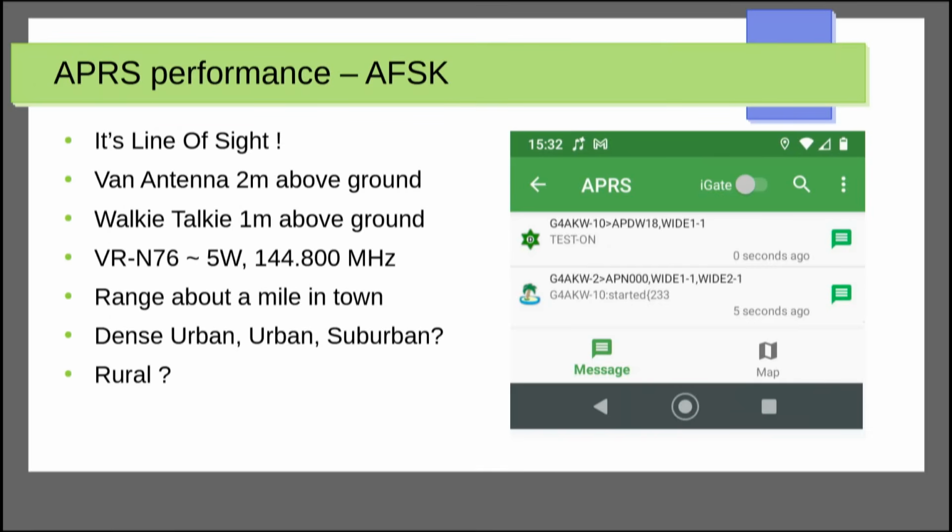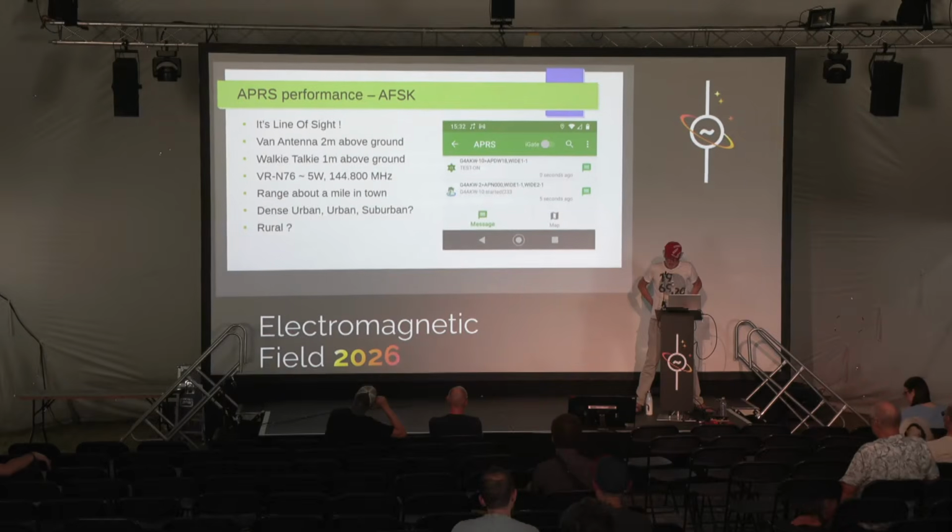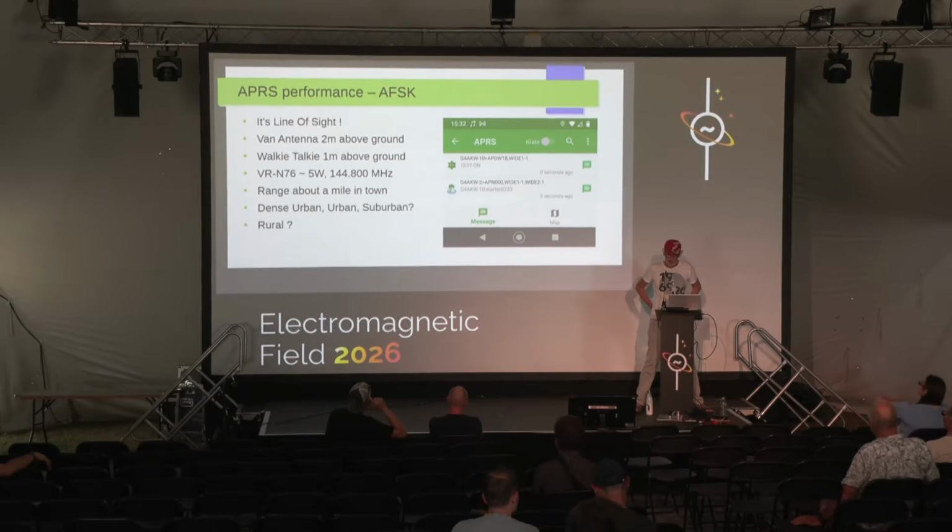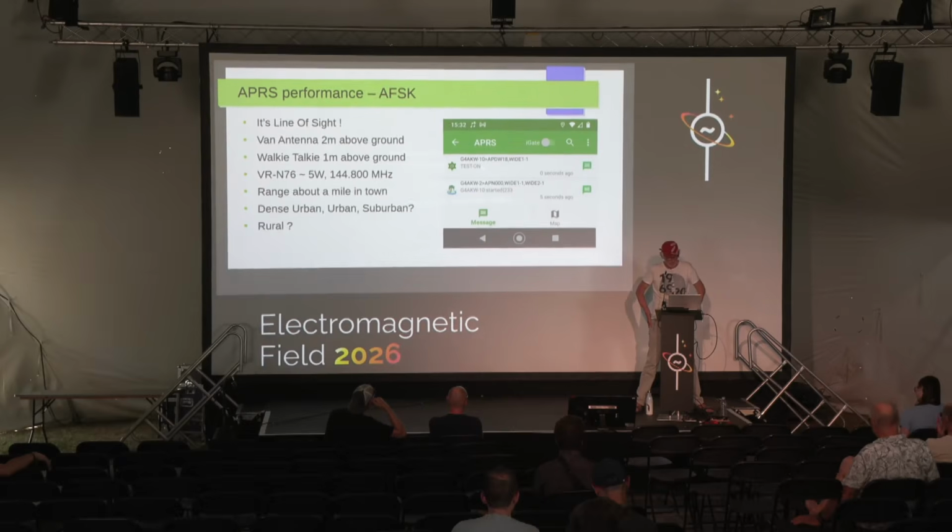The other important thing to remember is it's line of sight. Here, the previous system I had was a cellular mobile radio system. Now, they have base stations which are 50 meters tall, shoved on the highest point of ground round about, and they're probably running hundreds of watts.